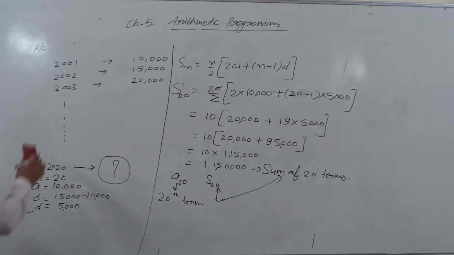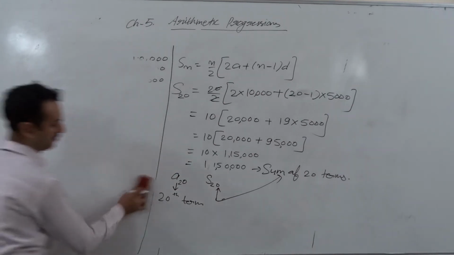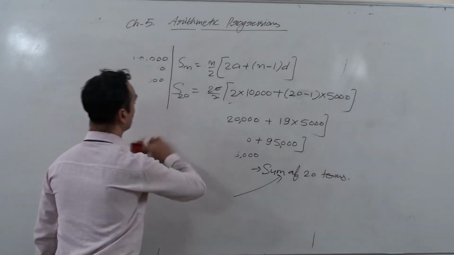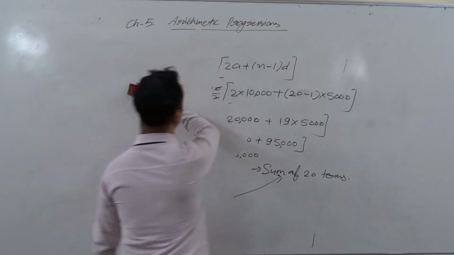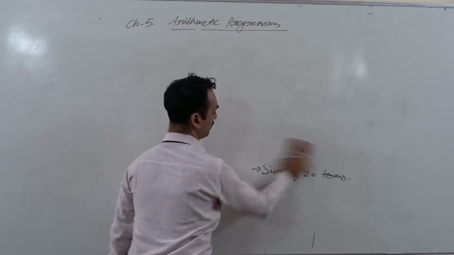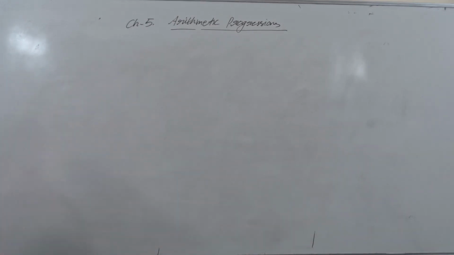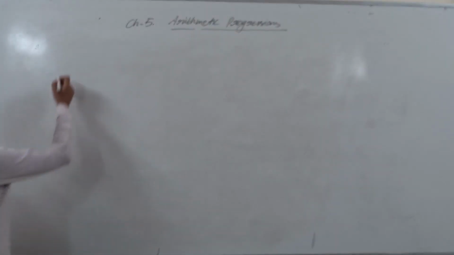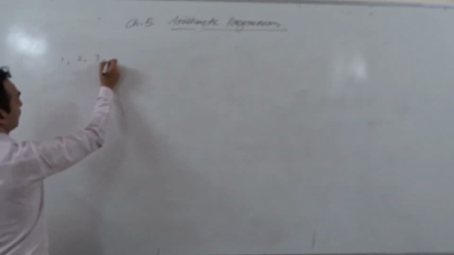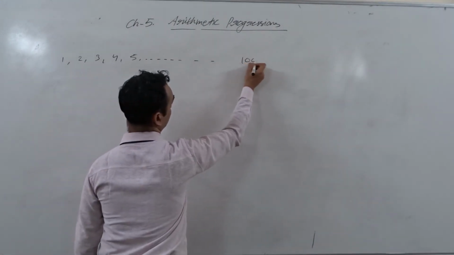Now we take a very interesting question. Suppose you have the numbers 1, 2, 3, 4, 5 and so on up to 100.